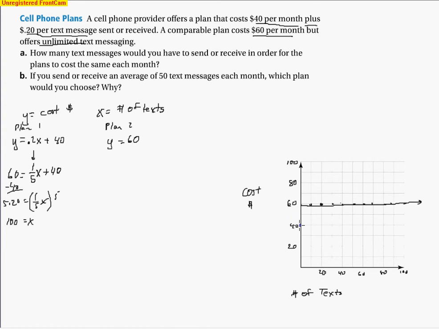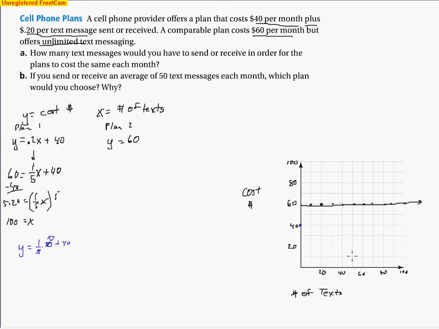and then it increases. And so as we go up, you can see that if we go up by, let's say 10, let's try 20. If I just go up by 20, 20 times a fifth makes 4, so that makes 44. That's kind of hard to do, so let's go ahead and go up maybe by 50. So let's try that. Y equals, and then we'll do the 1/5 times 50. If I go 50 texts, that would make this 10, and then 10 plus the 40 would give me 50.